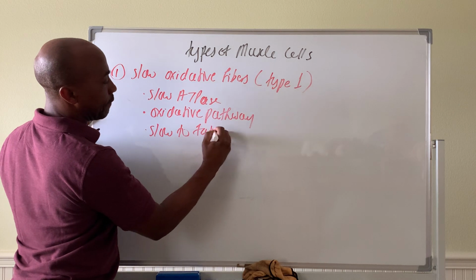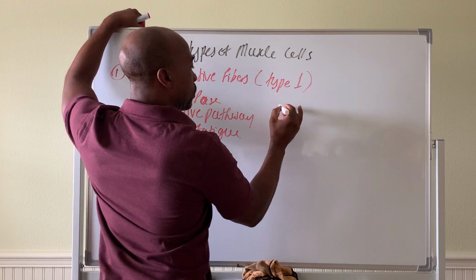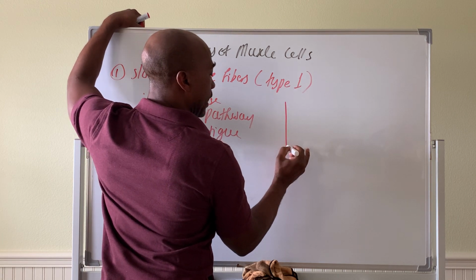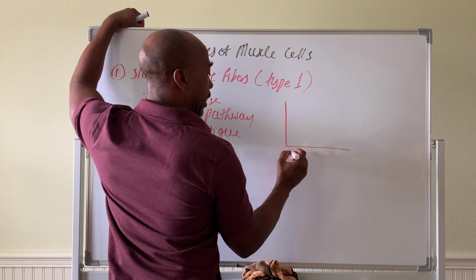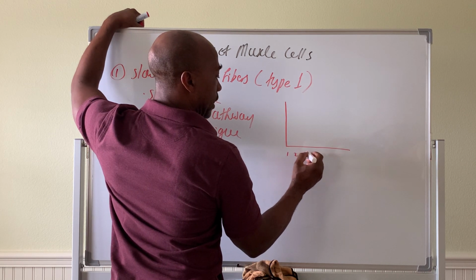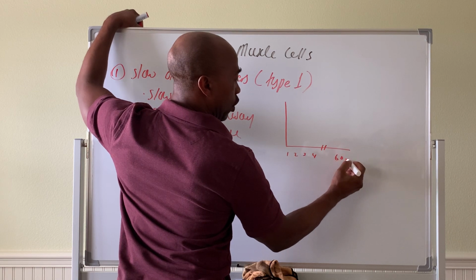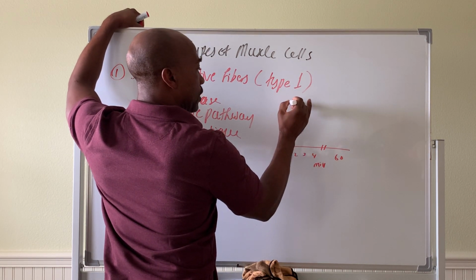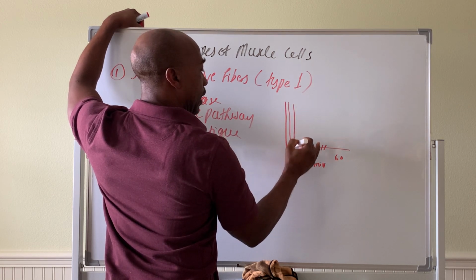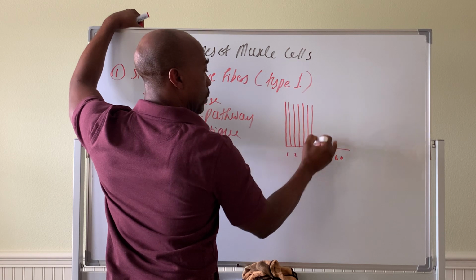They're almost fatigue resistant. So in these cells, if this was, say, tension and time, over time, let's say here 1 minute, 2 minutes, 3 minutes, 4 minutes, here 60 minutes on, they will still give you the same power over time. They would not fatigue.